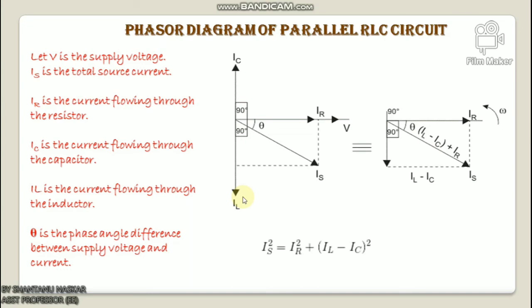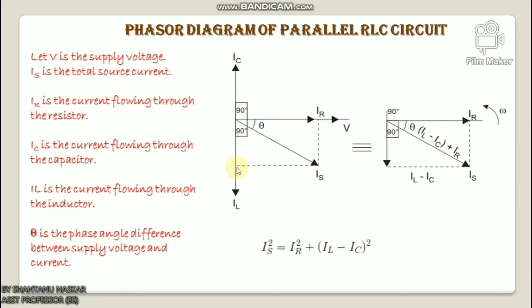We know that in case of a resistor, voltage and current are in the same phase. So draw the current vector IR in the same phase and direction as voltage. Look here. In case of a capacitor, current leads the voltage by 90 degrees, so draw the IC vector leading vector V by 90 degrees. For an inductor, current vector IL lags voltage by 90 degrees, so draw IL lagging voltage vector V by 90 degrees.